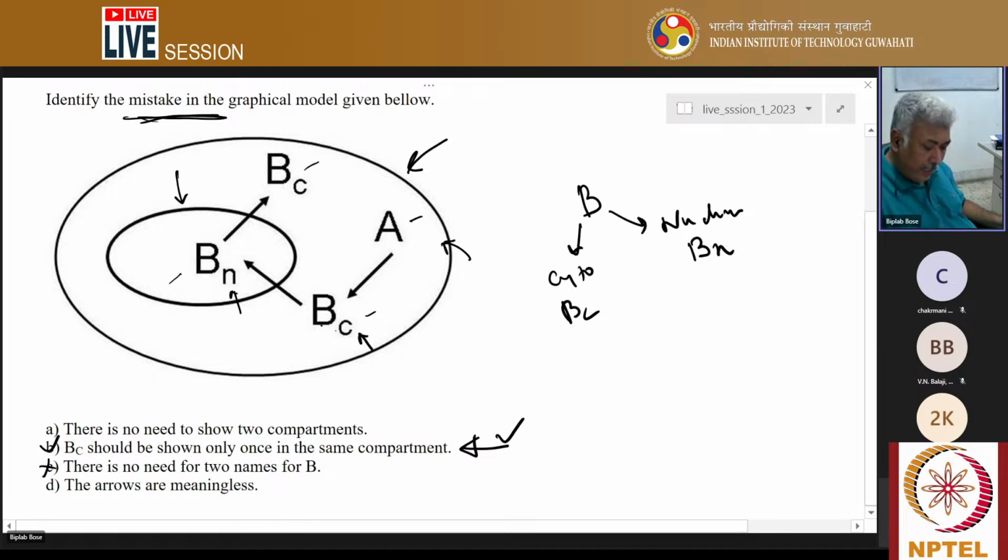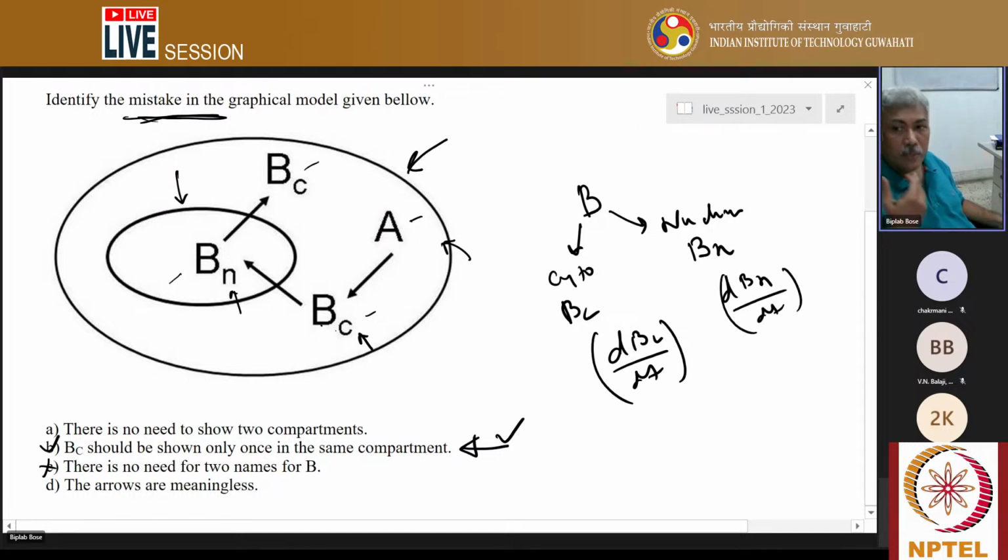Then I can write dBc/dt, which is the rate of change of B in the cytoplasm. dBn/dt will be the rate of change of B in the nucleus. If I club them together, then all is lost. So I cannot keep track of them separately. That means I need two names.